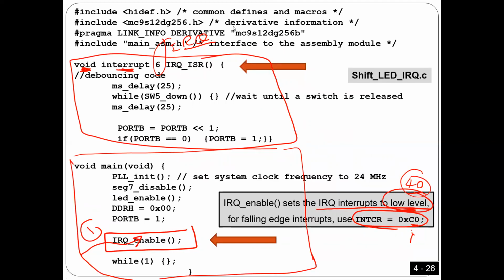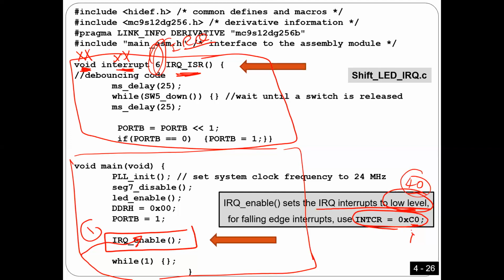So this is how you can program any interrupt subroutine in C language. The only difference is that here you have to use this number. Every interrupt source has a different number, so for IRQ you have to use 6 all the time. And then you can just use any name.